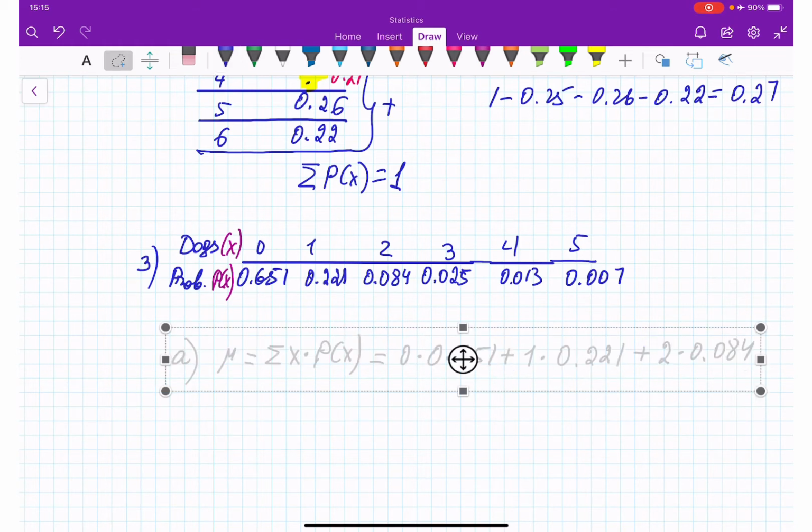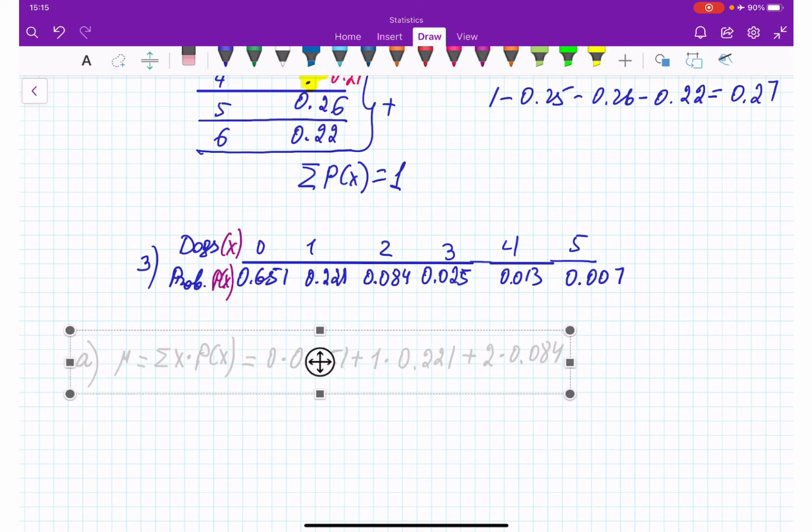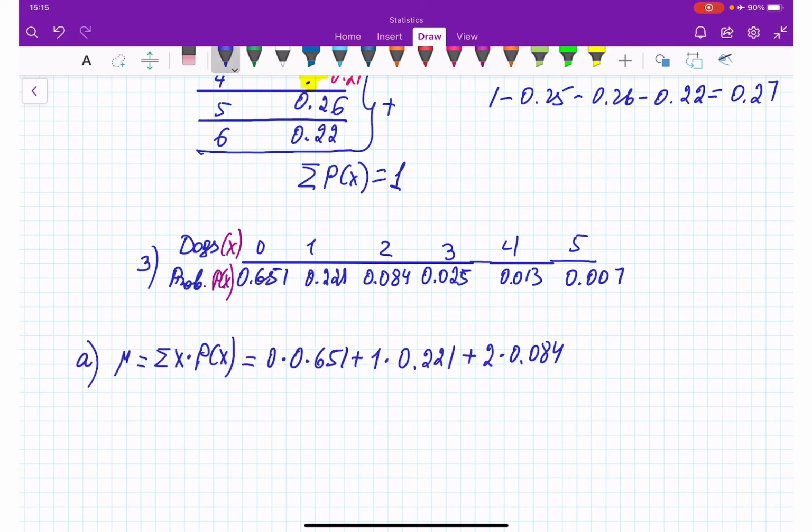okay, plus 3 times 0.025 plus 4 times 0.013, and lastly plus 5 times 0.007.